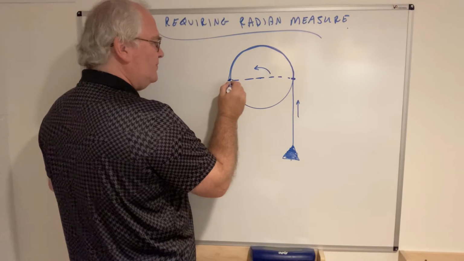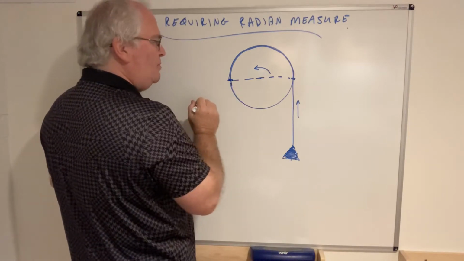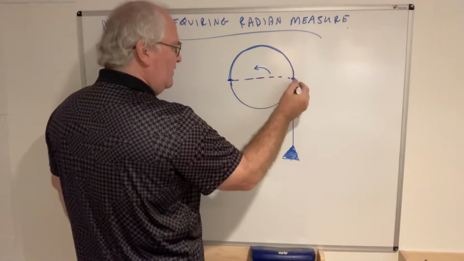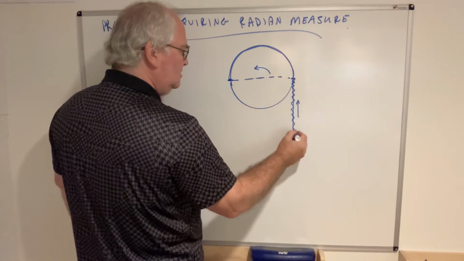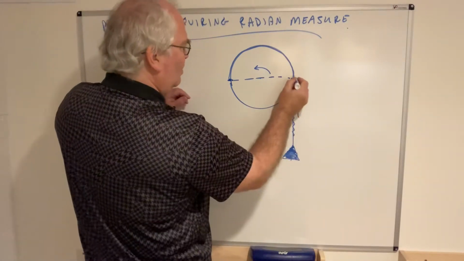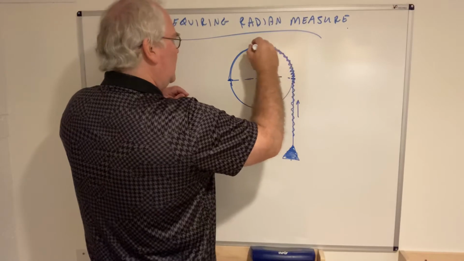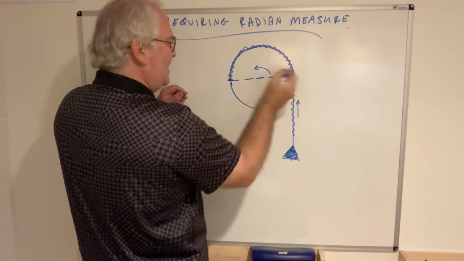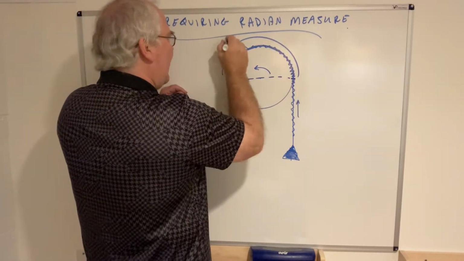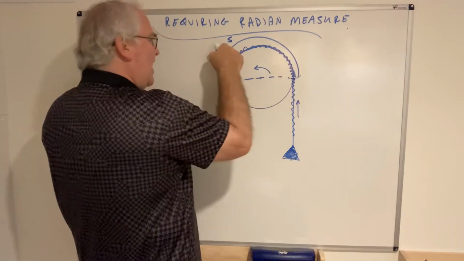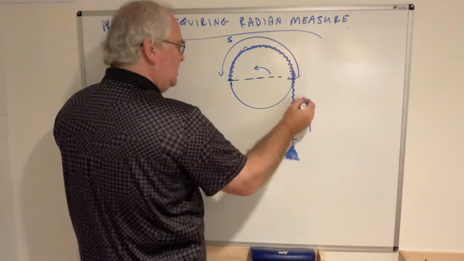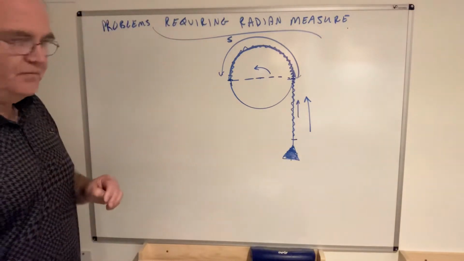So how much rope has been pulled? Well, the rope that was here has now been wrapped around half the circumference of the circle. That is to say, that arc length is equal to the distance this has been lifted.